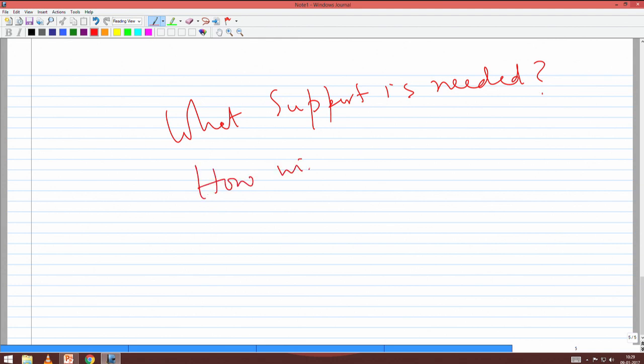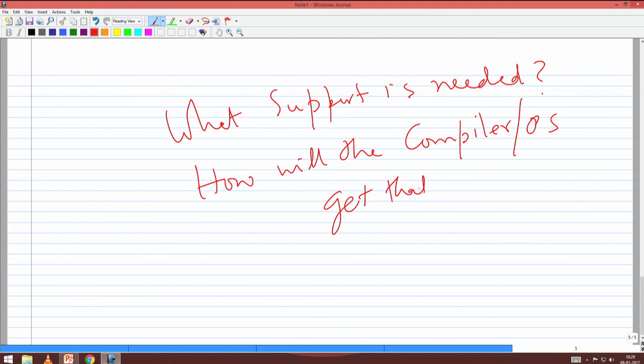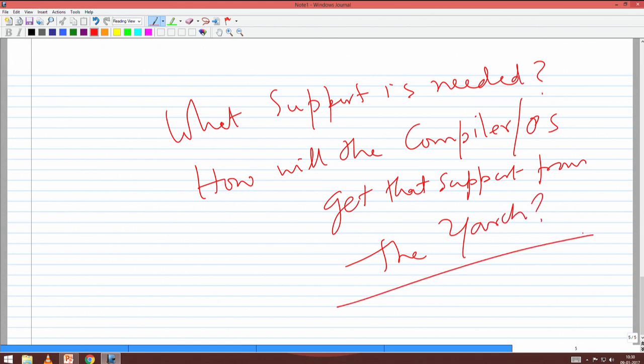How will the compiler/OS get that support? From the microarchitecture. These two questions need to be answered.